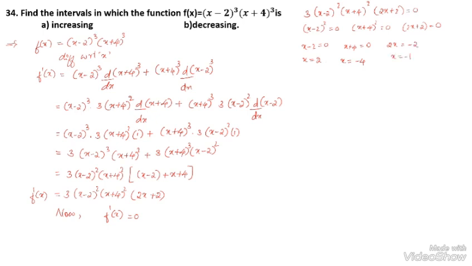There are 3 values of x we have, so I can take the intervals now. I am roughly drawing the number line, that is here 0, minus 1, minus 2, minus 3, minus 4, then 1, 2, 3, 4, 5.